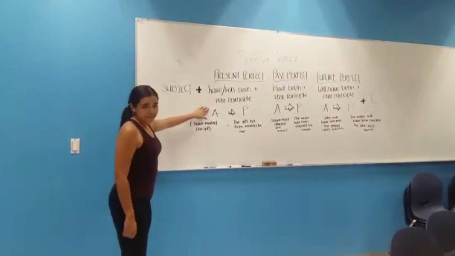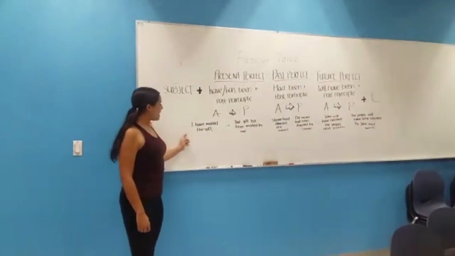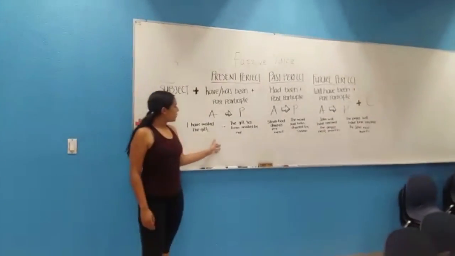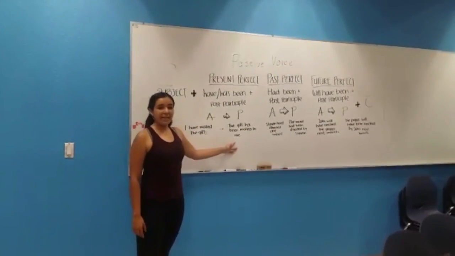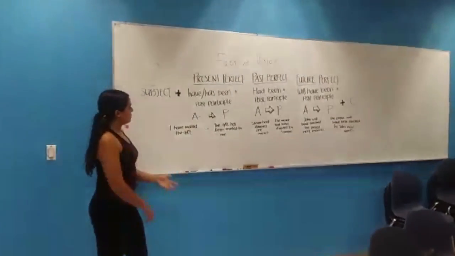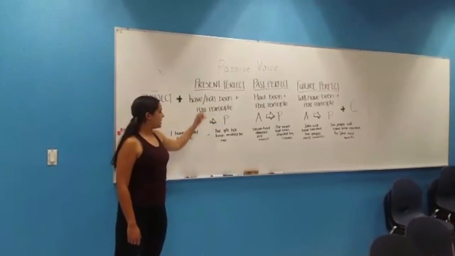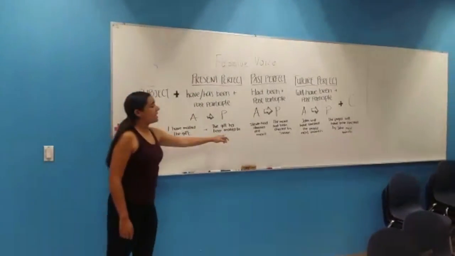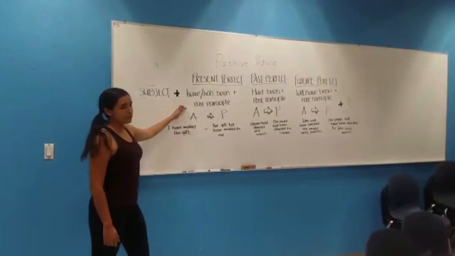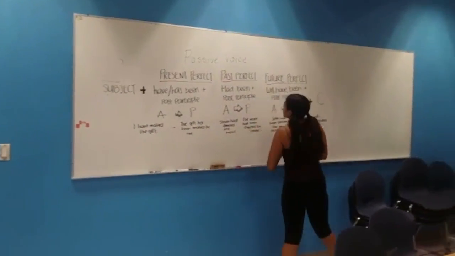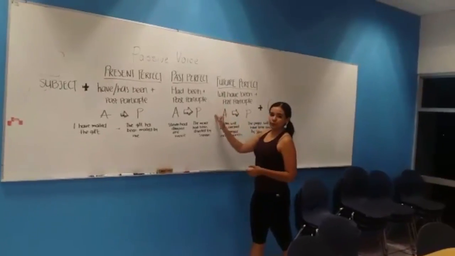For the active sentence, we use: I have mailed the gift. But in passive, we change it: The gift has been mailed by me.